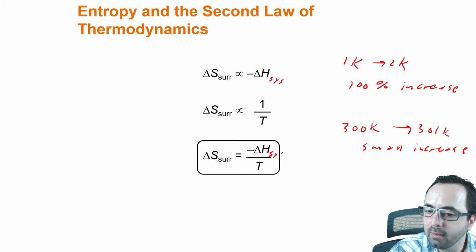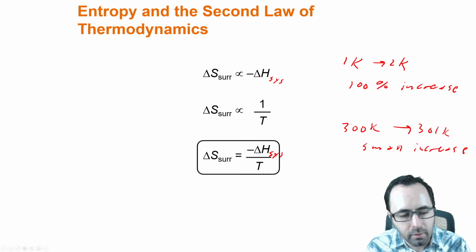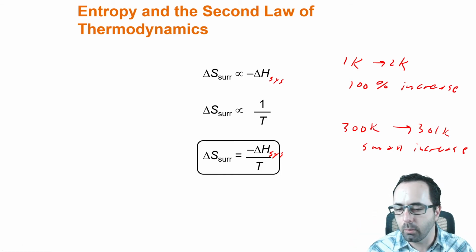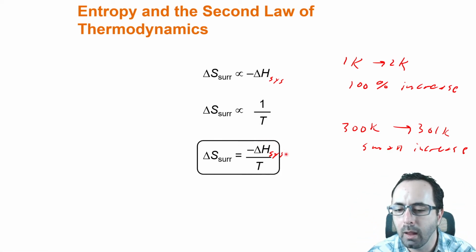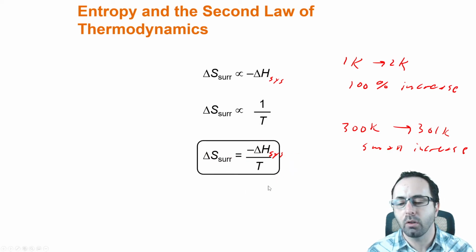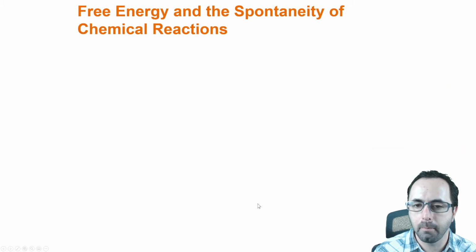Again, this is the system, even though it's not written. And measuring the system is very easy for us. Our system is our little box or flask that we're looking at. That's pretty easy to measure. Measuring things about the surroundings is difficult. So we would like to relate the entropy of our surroundings to what's going on in the system. That will help us to measure the total entropy and figure out if the reaction is spontaneous or not.